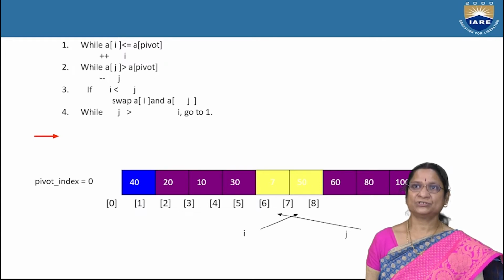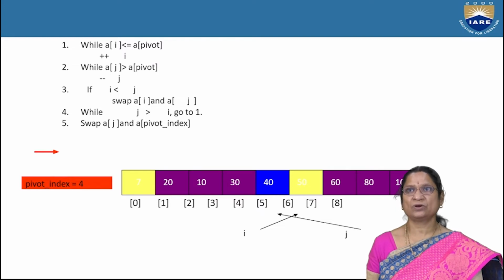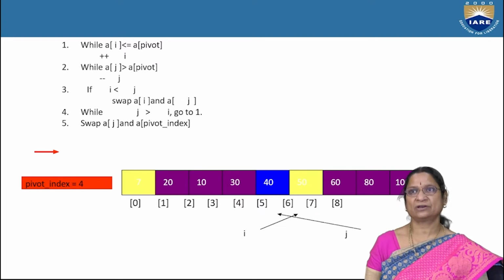And what is our position of j? A of j and the pivot element are going to be swapped. The jth position is index 4, and the pivot element and the jth position element are going to be interchanged. You observe here, the element comes to the first position and 40 moves to the fourth position.